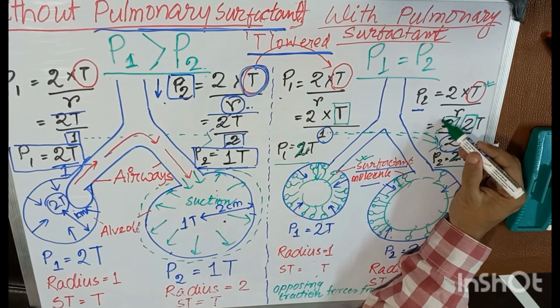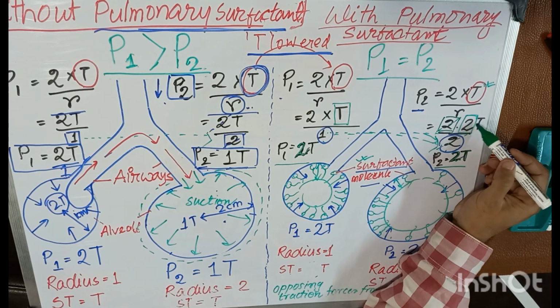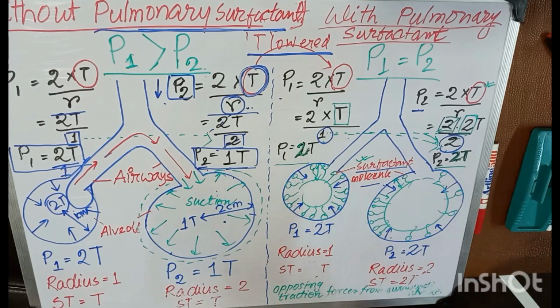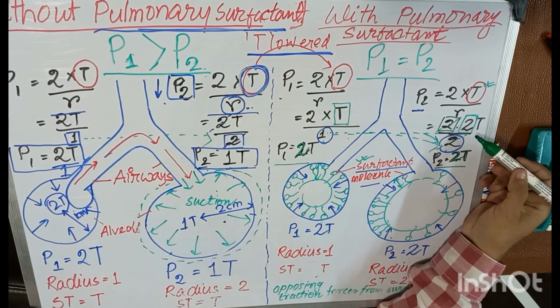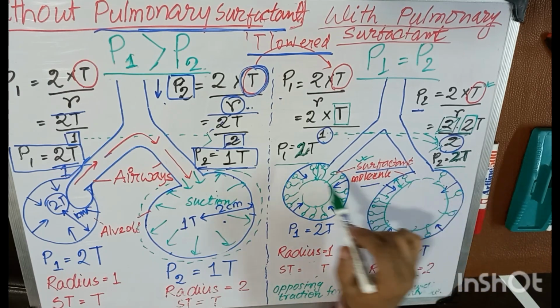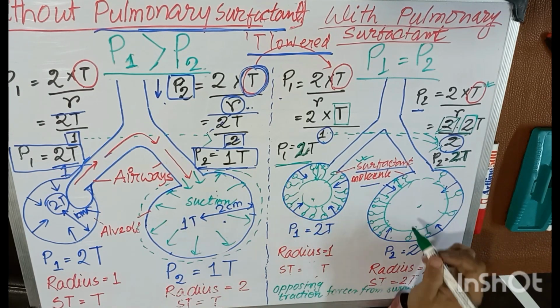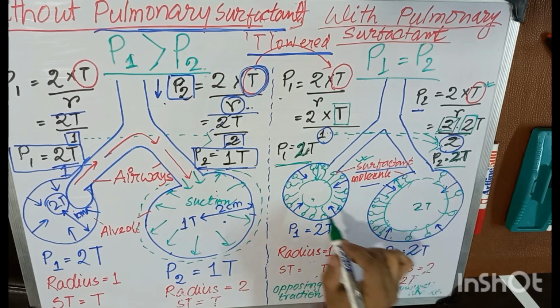The surface tension is now doubled. Because of this increase in surface tension, the pressure of both alveoli is now the same.